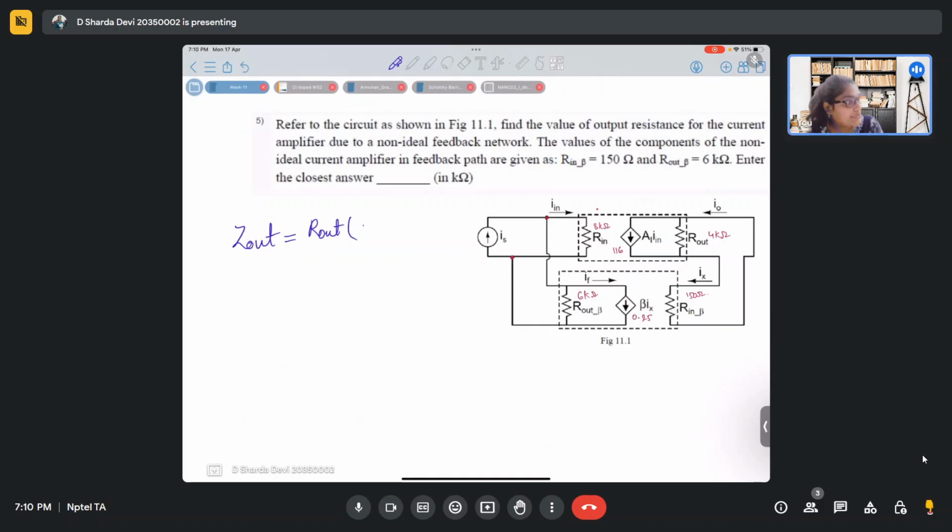R out into 1 plus beta dash AI plus R in beta. Now what is beta dash?